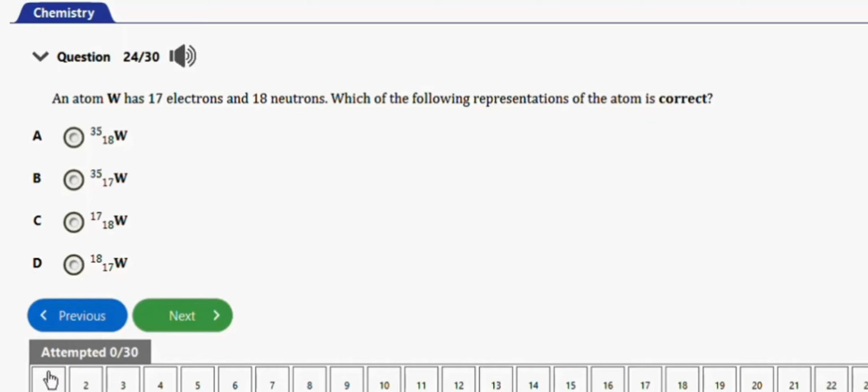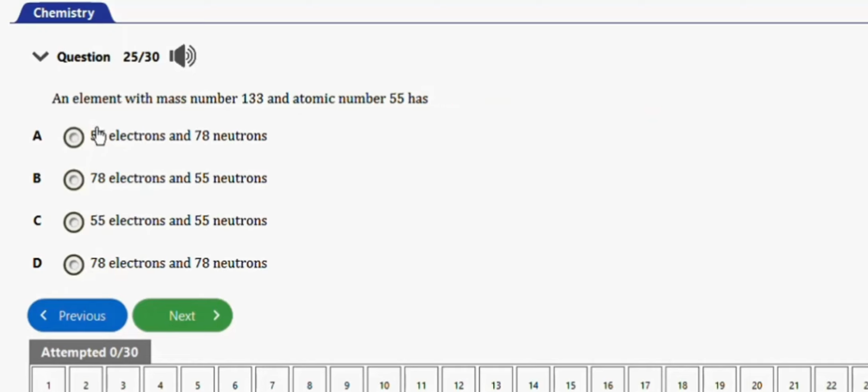The next question will be this one. It says an element with mass number 133 and atomic number 55 has... So yeah, this atomic number is the proton number, right? So it's going to have 55 electrons, because the number of protons equals the number of electrons in neutral atoms.